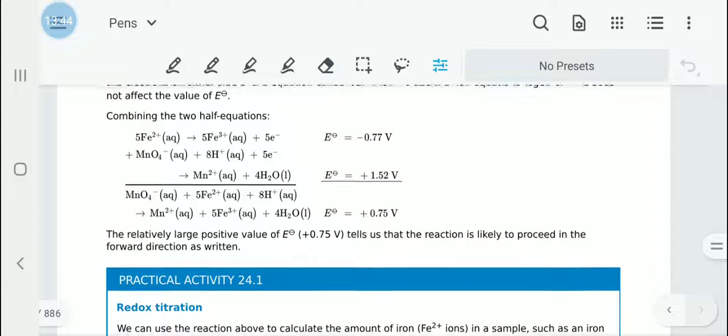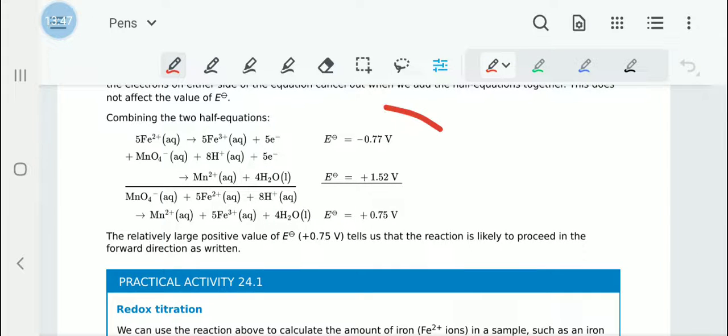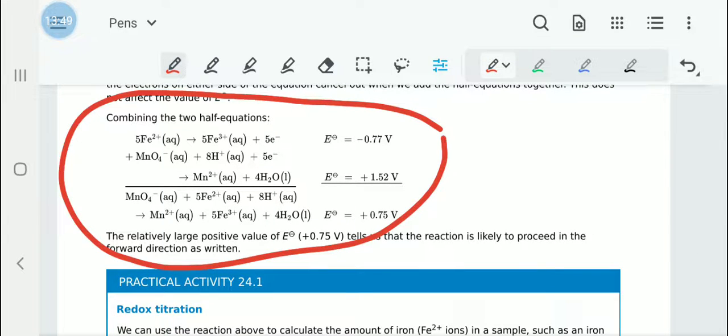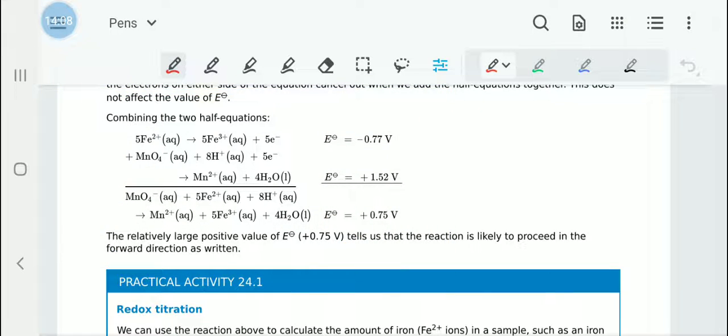Please write this change or the combination of two half equations, and underneath that write: the relatively large positive value of E standard proves that the reaction is likely to proceed in the forward direction. I hope you understood. If you have any questions, please ask.